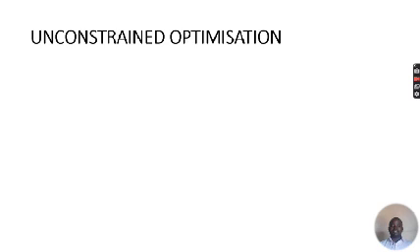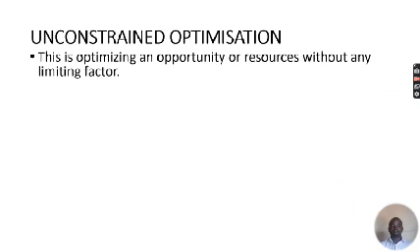Now, when we talk about unconstrained optimization, what are we trying to talk about? Unconstrained optimization is optimizing an opportunity or resources without any limiting factor.